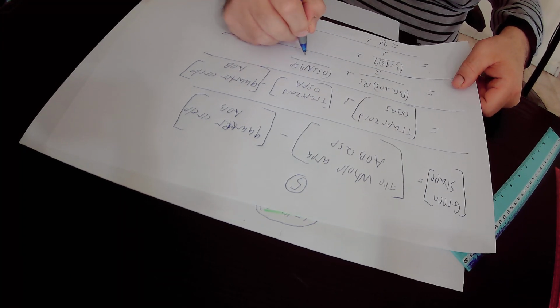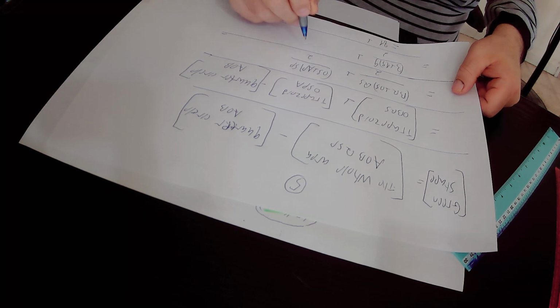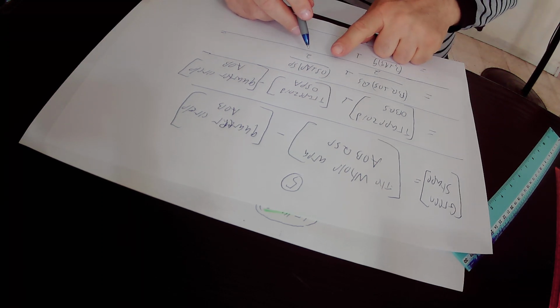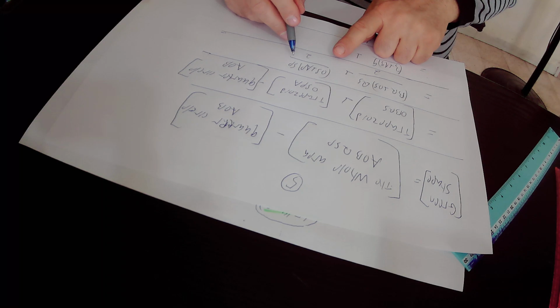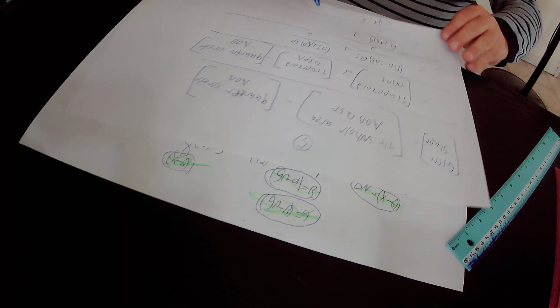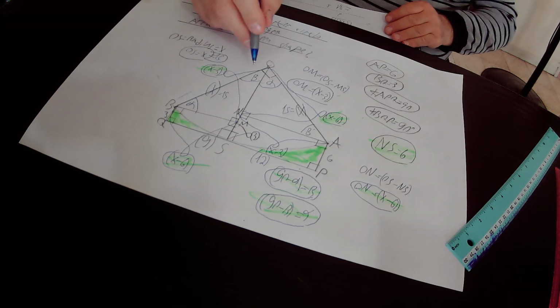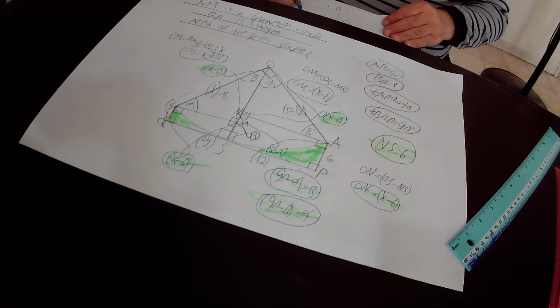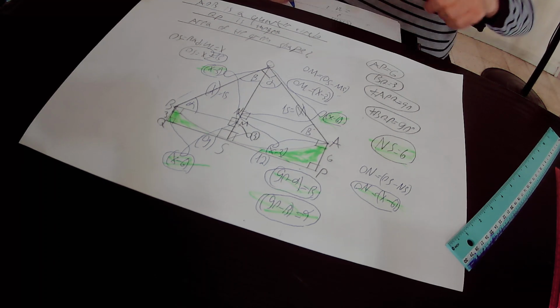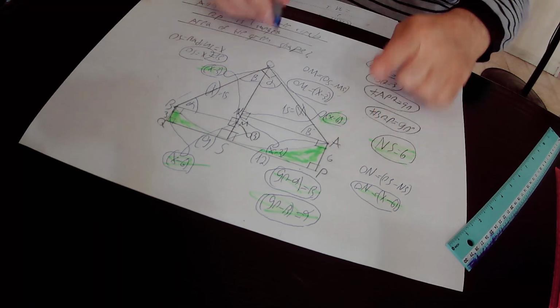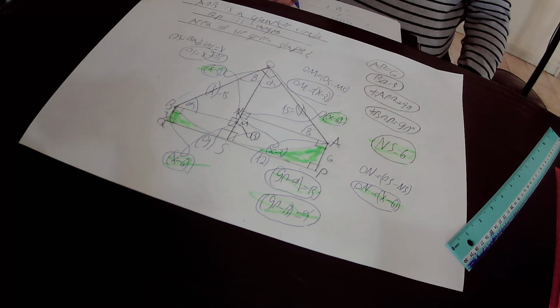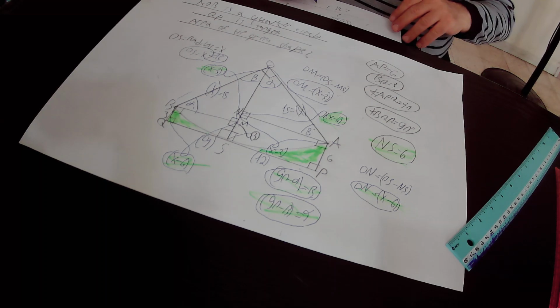Again, the area of trapezoid OSPA equals the sum of its bases, that is OS plus AP, times the height, that is SP over 2. OS is 15 plus AP is 6. SP is 12 over 2.